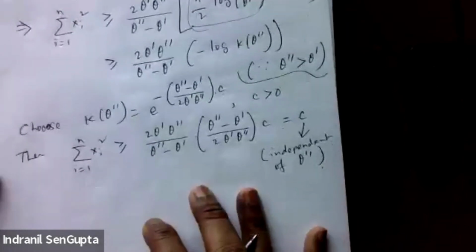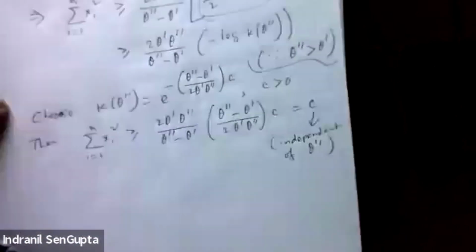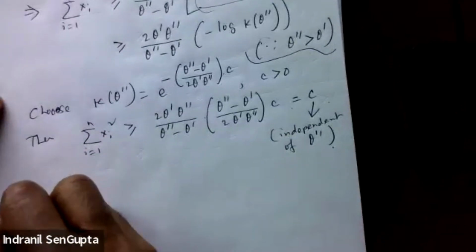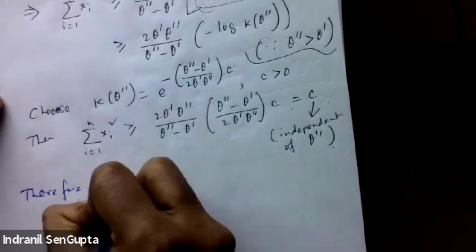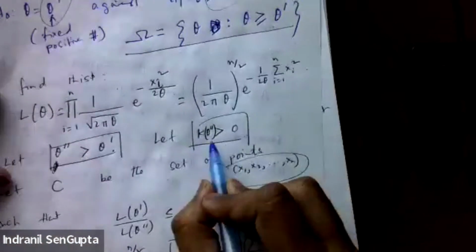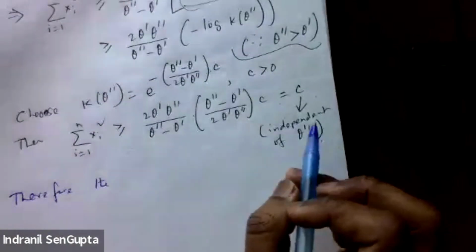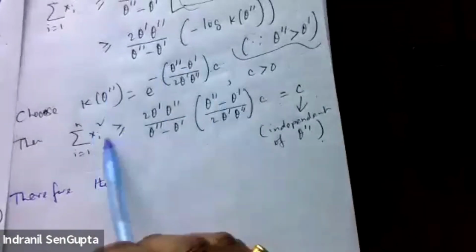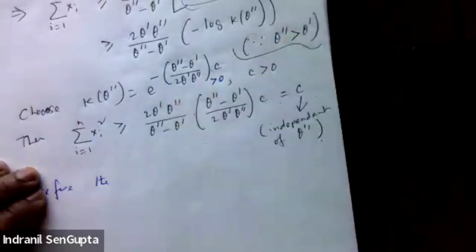And hence what we can say is, therefore, remember that when we choose this k(theta double prime) bigger than 0, and that is also true here, right? So it's bigger than 0.